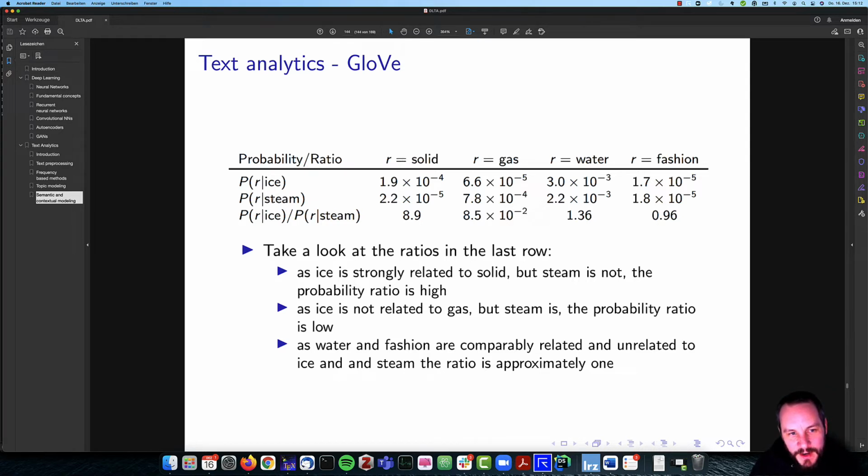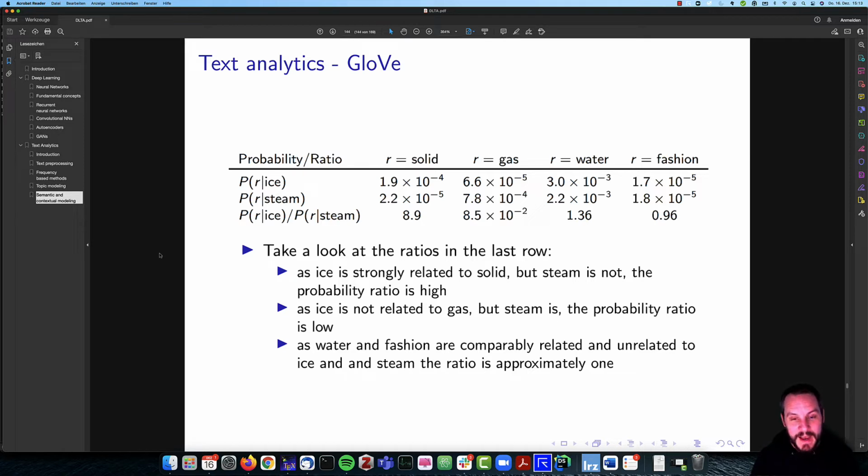But now if we take a look at the ratio, the probability for using "ice" in the context of "solid" and the probability for using "steam" in the context of "solid", we can see that this is a rather high value. And this brings meaning to it, because "ice" and "solid" obviously match better than "steam" and "solid", because per definition steam isn't really solid at all.